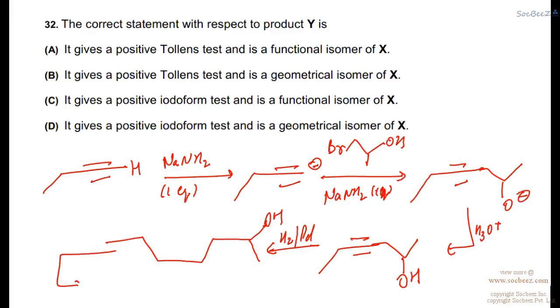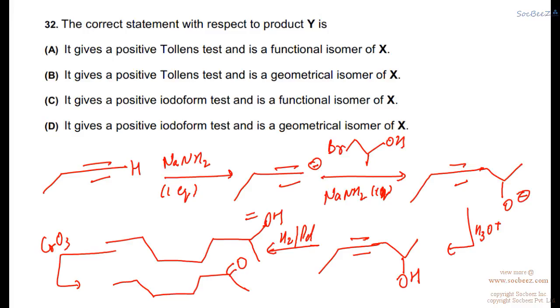Now after oxidation with CrO3, the final product is this alcohol will get converted into ketone, will get oxidized to ketone.